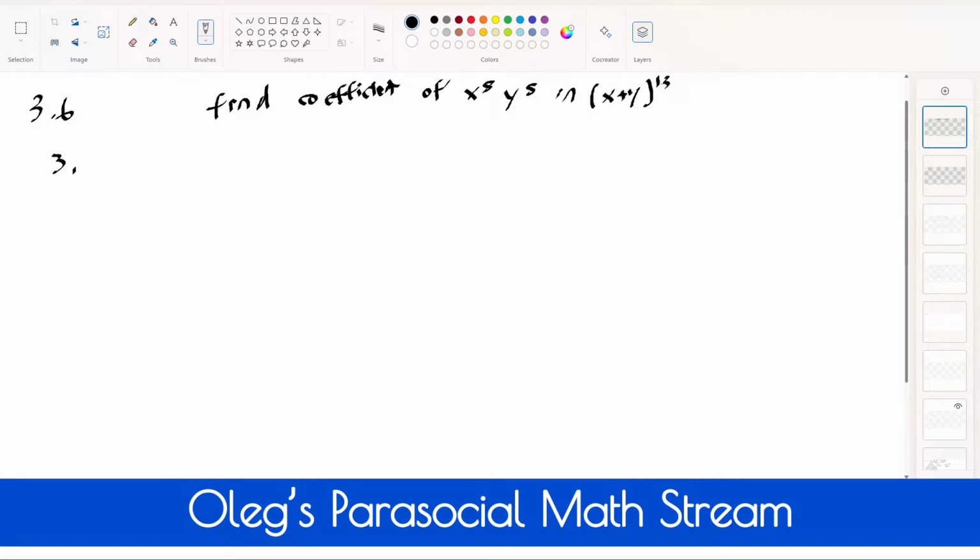Okay, so let's see here. Right. Well, so we need to get x to the 8th. So the coefficient in this case, what they're saying is that they want us to know what the whole number is, of course.